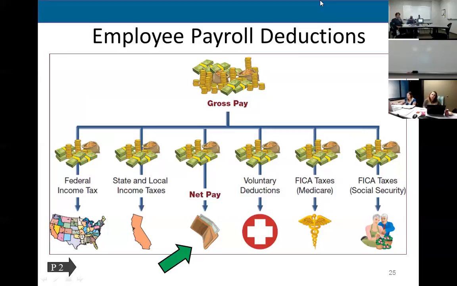Payroll deductions or withholdings can be either mandatory or voluntary. So out of net pay, you have any of your voluntary benefits.